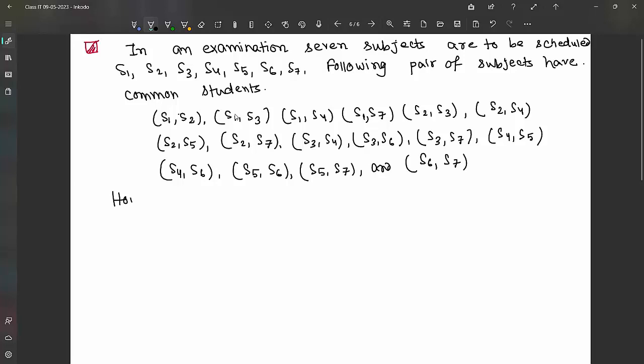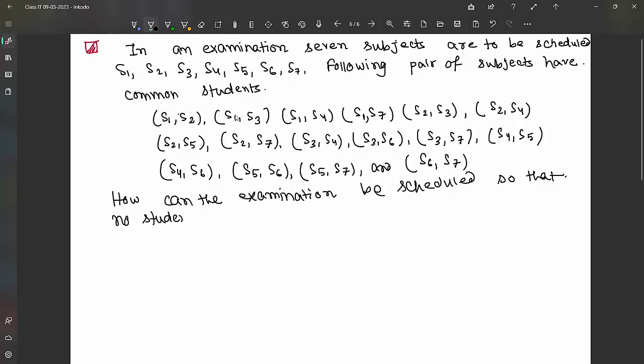So the question is, how can the examination be scheduled so that no student has two exams at the same date, at the same day. Okay, now you can see the complexity of the problem.